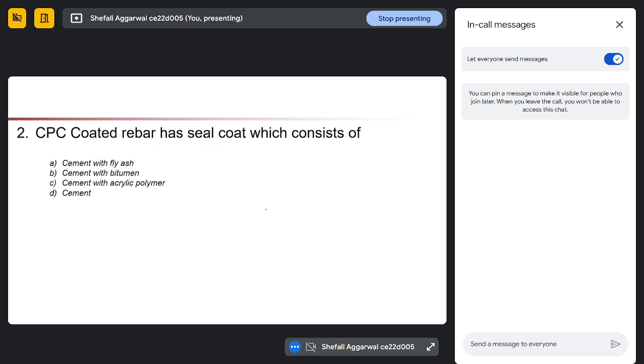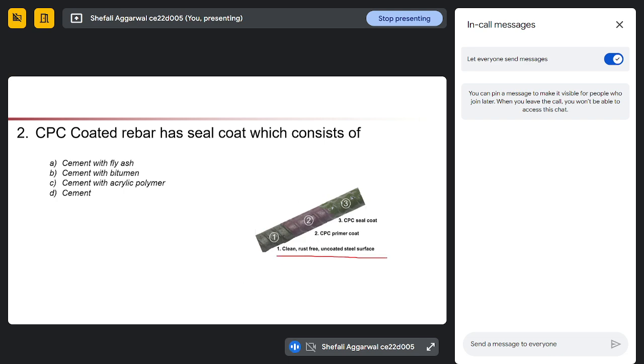Second question is, CPC coated rebars have a seal coat which consists of cement with fly ash, cement with bitumen, or cement with acrylic polymer, or just cement. So if this is a CPC coated rebar, we have three things.